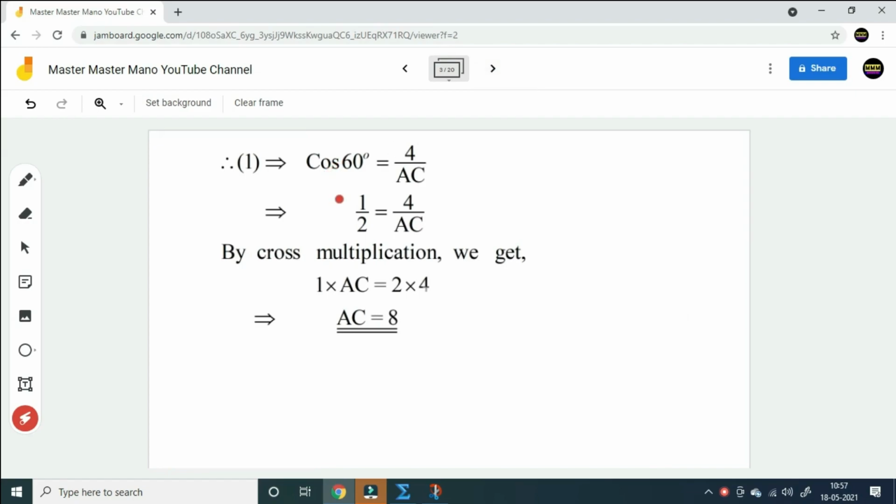Cos 60 degree value is 1 by 2. These values can be obtained from the trigonometric table. Therefore, 1 by 2 equal to 4 by AC. By cross multiplication, we get 1 into AC is equal to 2 into 4. 1 into AC is AC and 2 into 4 is 8. Thus, we have found the length of the hypotenuse AC as 8 centimeter by using the trigonometric ratio.